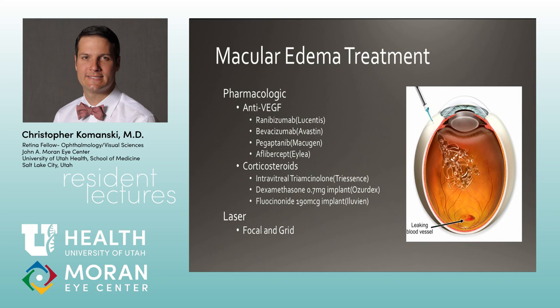Treating macular edema has become a huge part of retina practice, and we can do that with a number of treatments. Most commonly what's used in clinic now is anti-VEGF treatment, and there are a number of options.